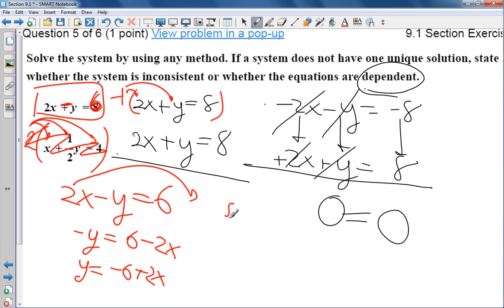x is free to choose. So solutions are pairs of x, y, 2 coordinates. But anytime you give me x, I can compute y by this formula, minus 6 plus 2x. You're pretty much writing one of the equations here, y completely isolated. So we will try that.